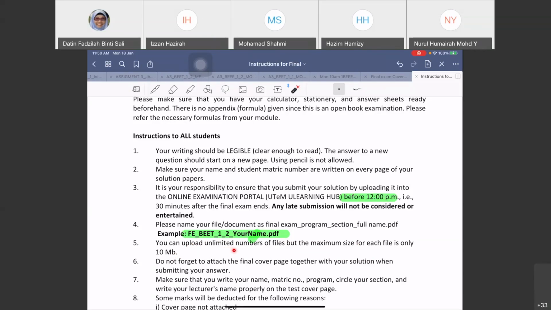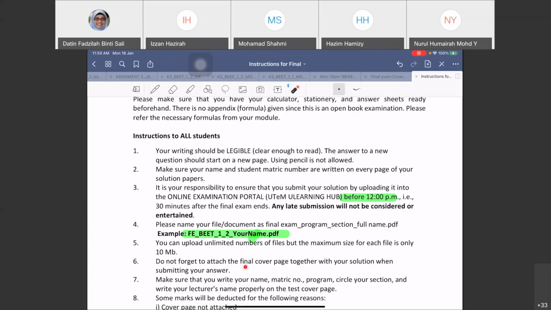This is just to be on our safe side. So if the size is more than 10 megabytes, you just need to separate it and upload half the pages at a time.